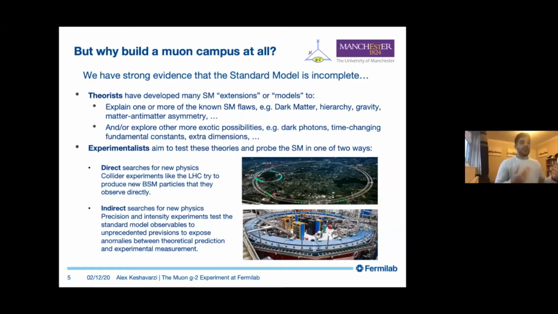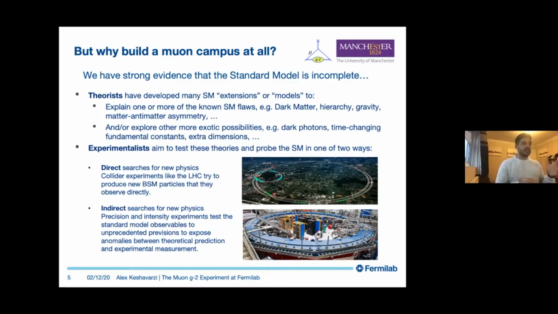And the idea from an experimentalist point of view is that we want to test these theories to either directly measure some effects that are a product of these models, or to look at the standard model and say, okay, if we understand that the standard model is slightly incomplete, let's probe the standard model to the best precision that we can to test it and see if we can niggle out something that's missing.